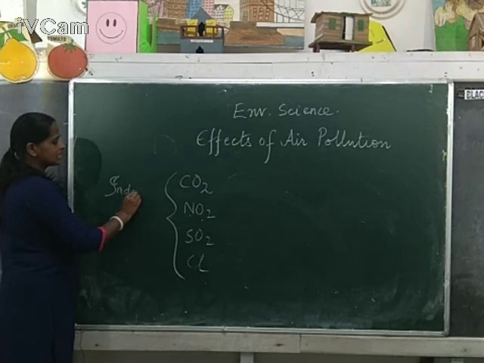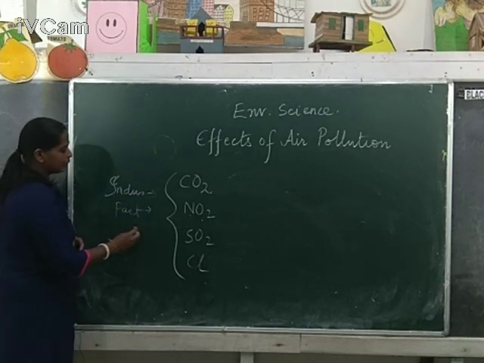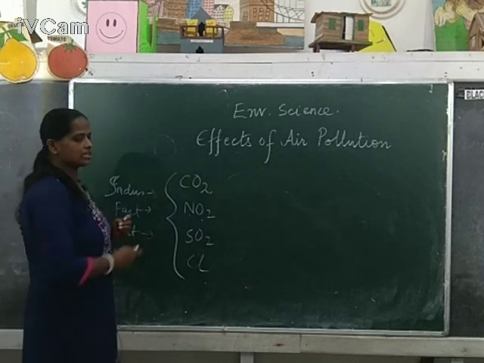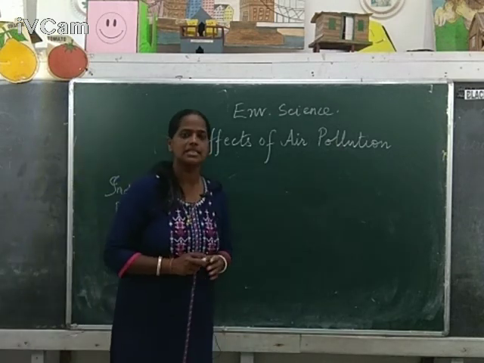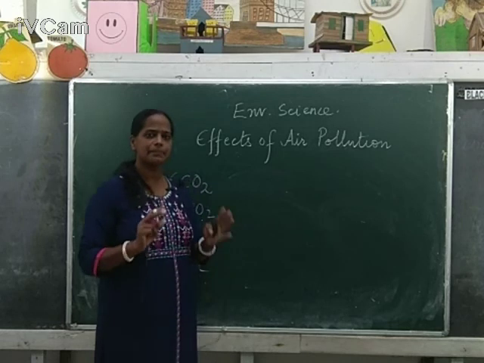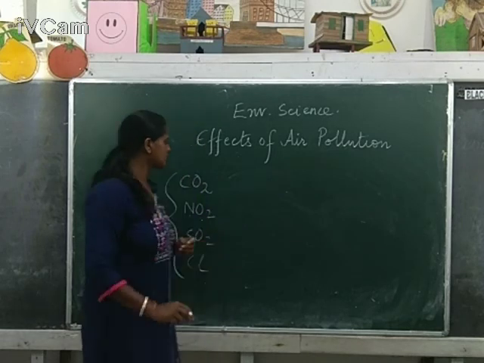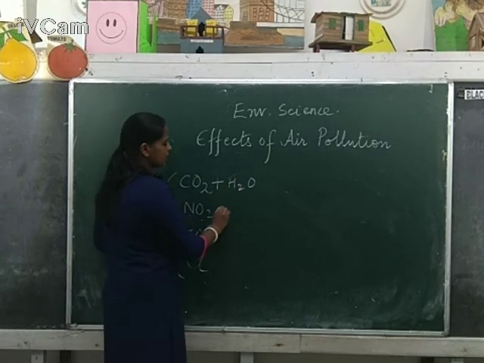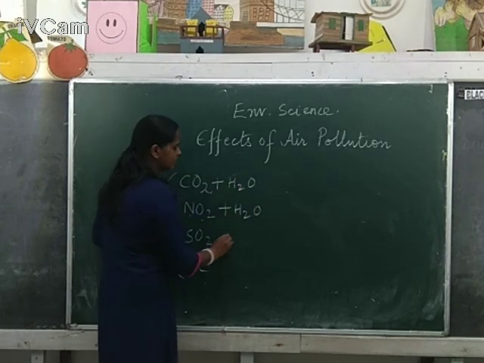We have industries, factories which are releasing these gases, and automobiles which are releasing these gases. These gases remain suspended in the air. And sometimes these gases tend to combine with the water vapor of the air.